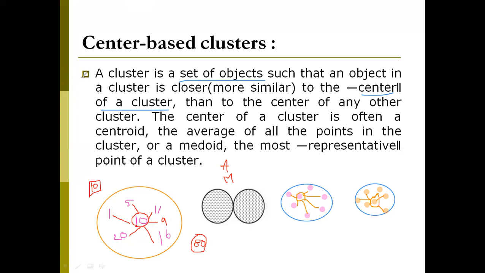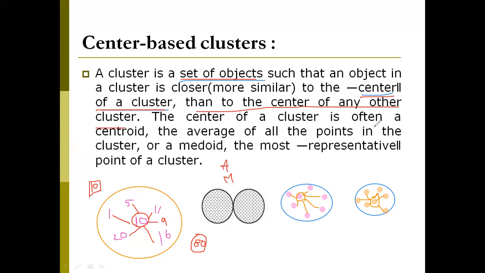Again, we will see the center-based cluster definition. A center-based cluster is a set of objects such that an object in a cluster is closer to the center of its cluster than to the center of any other cluster.